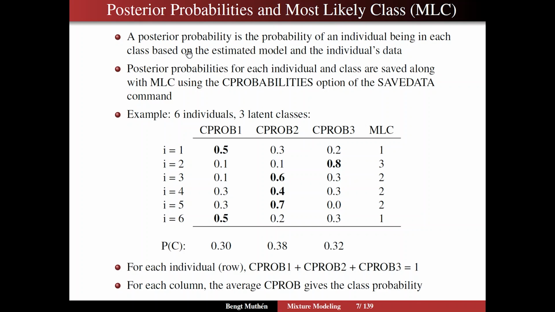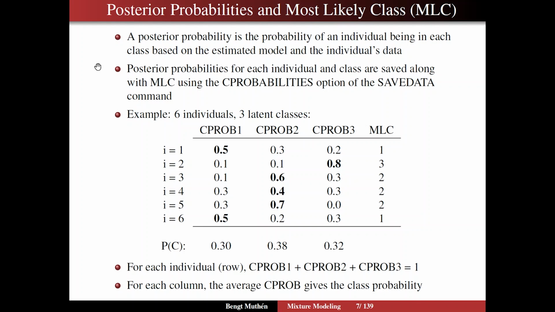Now we ask, what's the posterior probability for an individual? That depends not only on the estimated model, but on this individual's data. In Mplus, these posterior probabilities for each individual and each class are saved together with the most likely class, MLC, using the C probabilities option of the save data command.